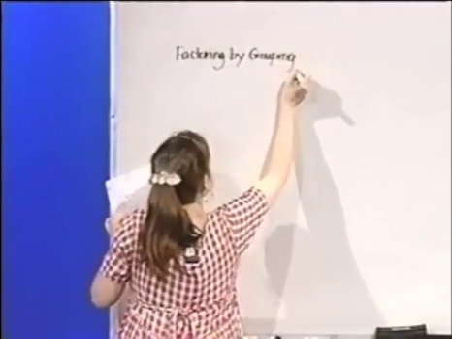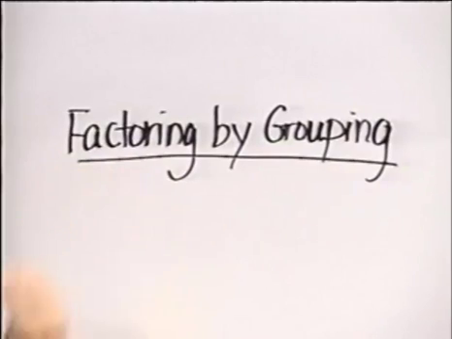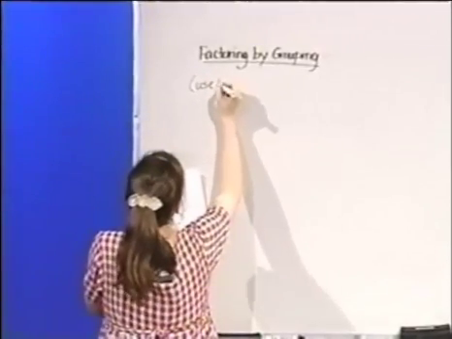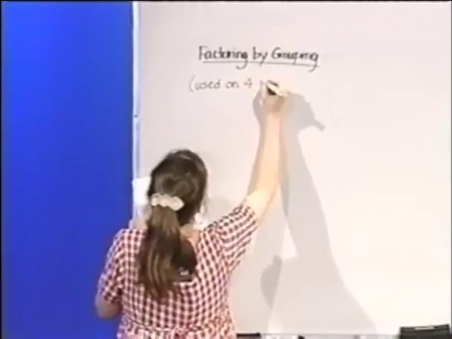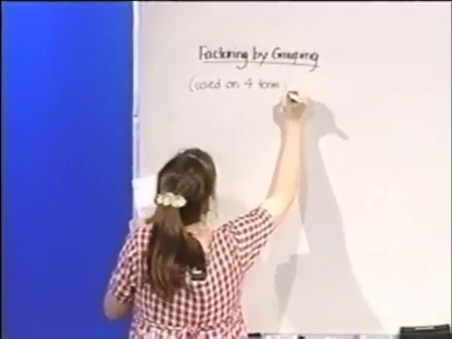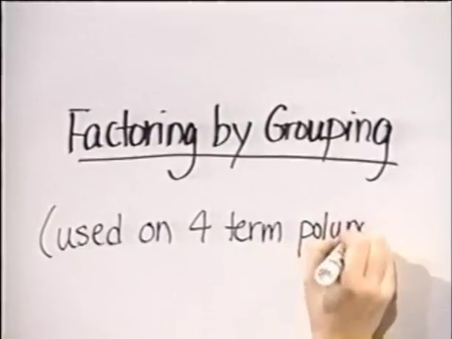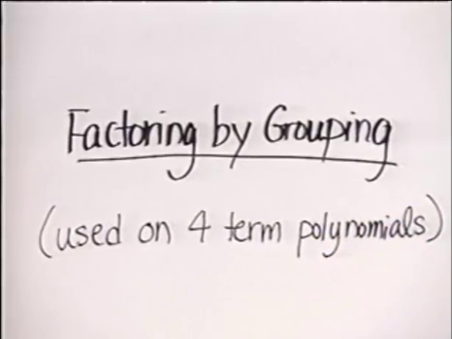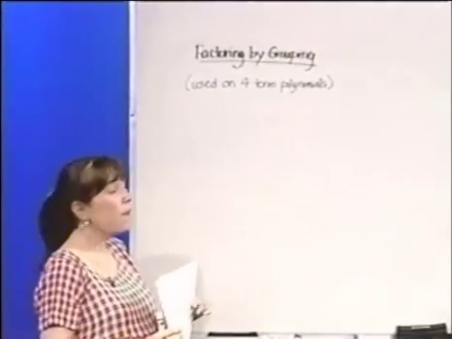You can factor by grouping whenever you have a 4-term polynomial. That's the only time you can use it. Not 3 terms. You have to have 4 terms.